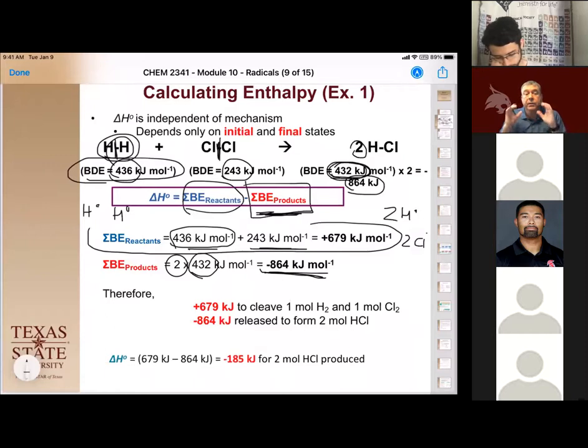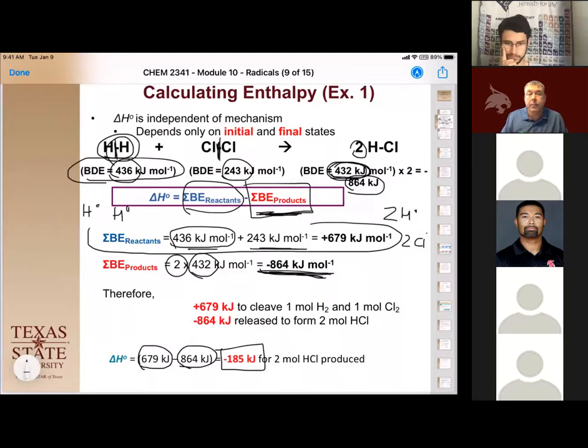We use the negative value, and that gives us negative 864 kilojoules per mole. So the net result is a positive 679 kilojoules per mole and a negative 864, meaning that we release 185 kilojoules per mole.